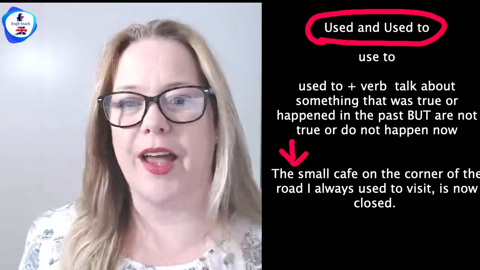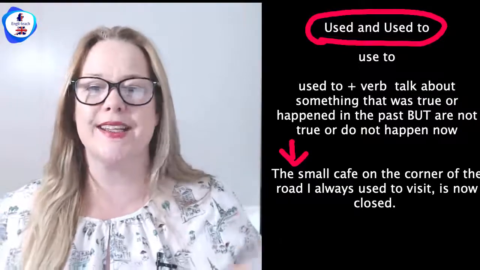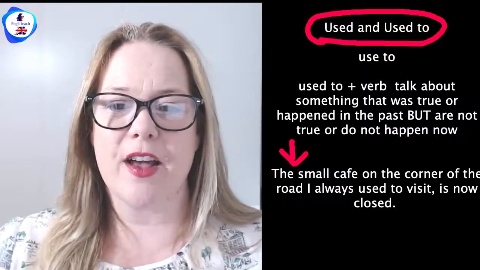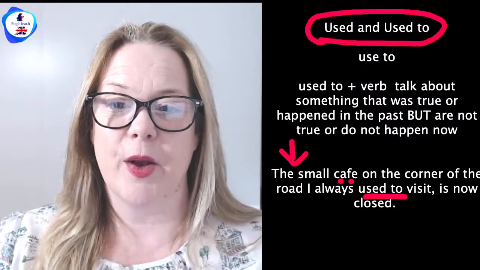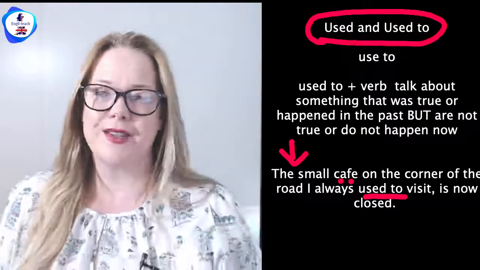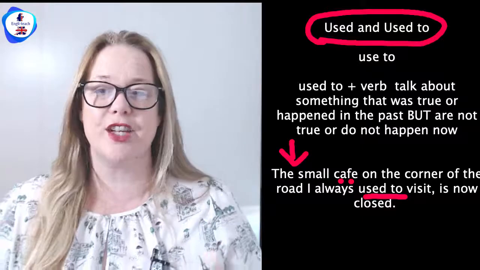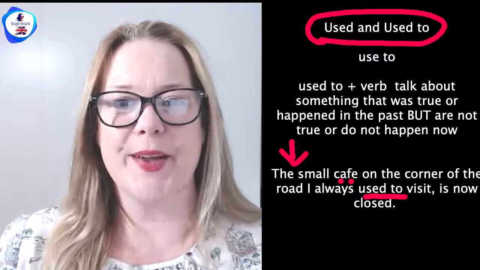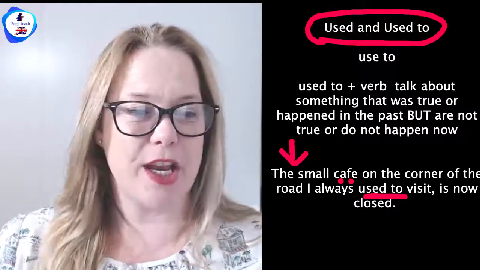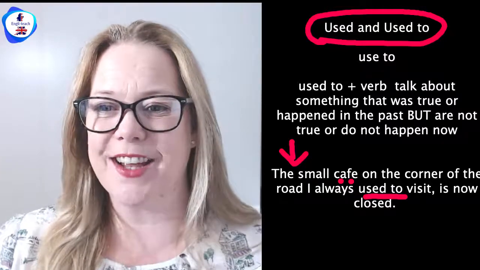So here we have used to, and we're talking about the cafe. So this is the object of the sentence. The small cafe on the corner of the road I always used to visit is now closed. Any questions? Let me know in the chat.